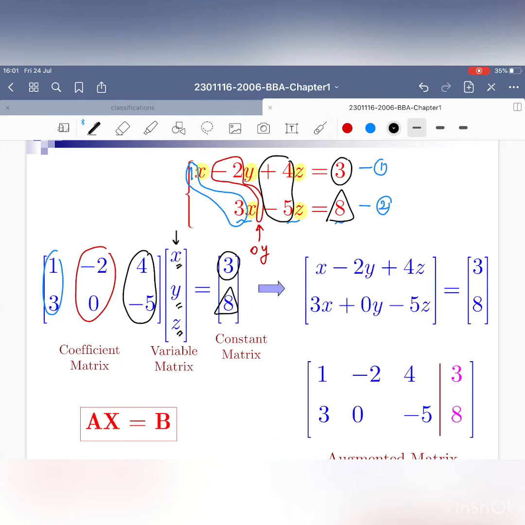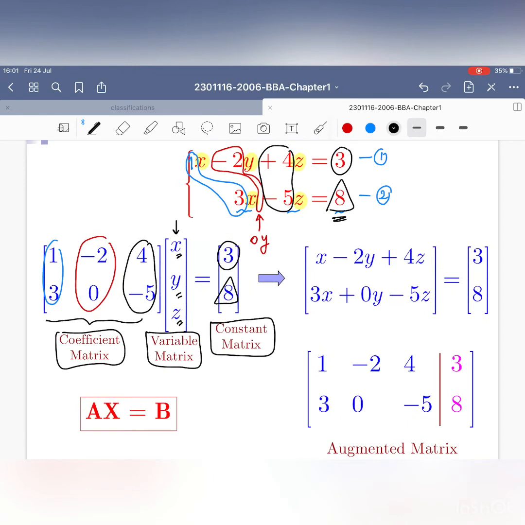This one here we usually call the coefficient matrix, because it is a matrix that collects all the coefficients of your equations. This one is called the variable matrix, and this one is called the constant matrix because it contains only the constants on the right hand side. Usually the coefficient matrix is referred to with a capital A, the variable matrix with a capital X, or sometimes a small x, depending on the book.